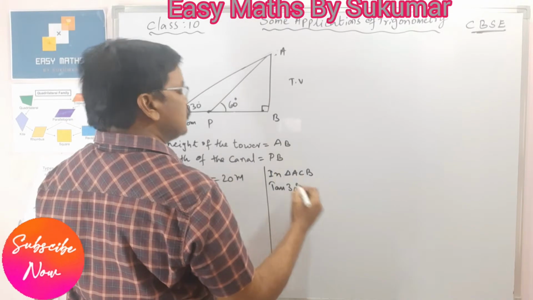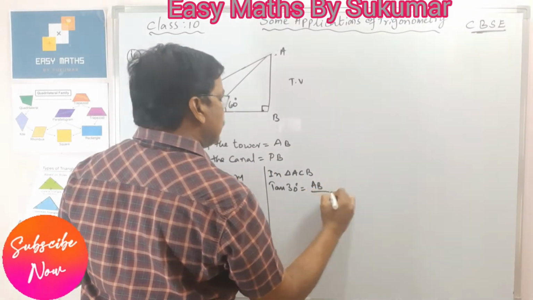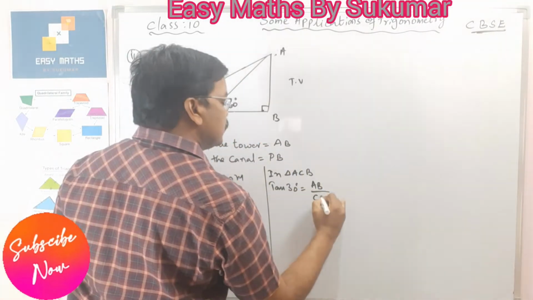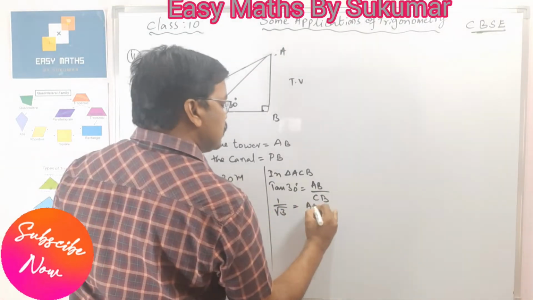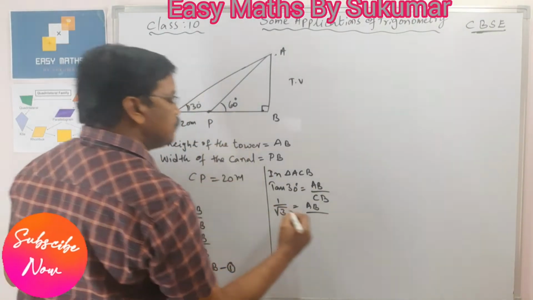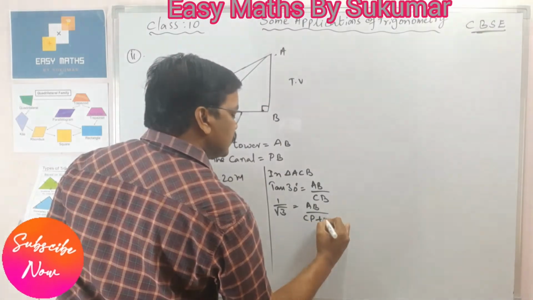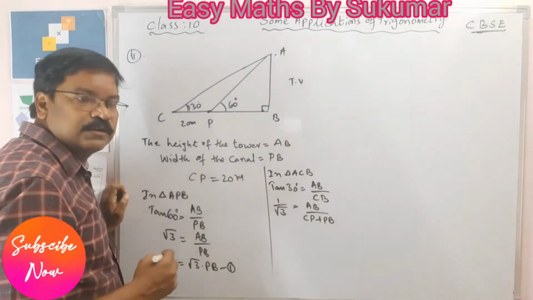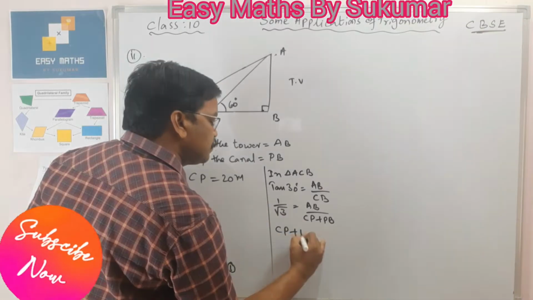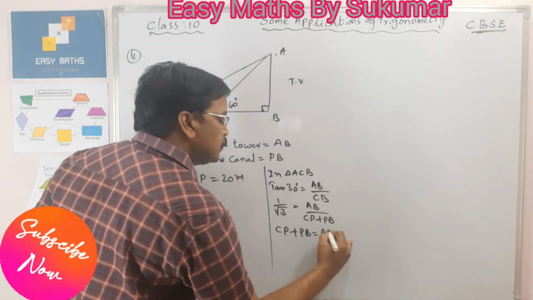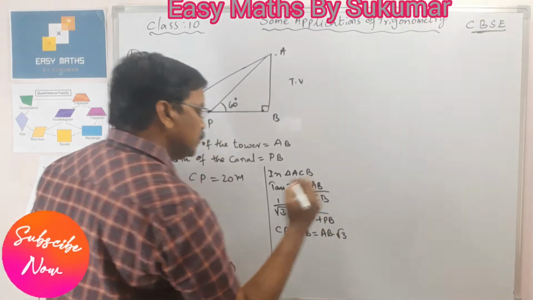So tan 30 degrees is equal to opposite side by adjacent side, that is 1 by root 3 is equal to AB by CB, that means CP plus PB. By cross multiplication, CP plus PB is equal to AB into root 3.